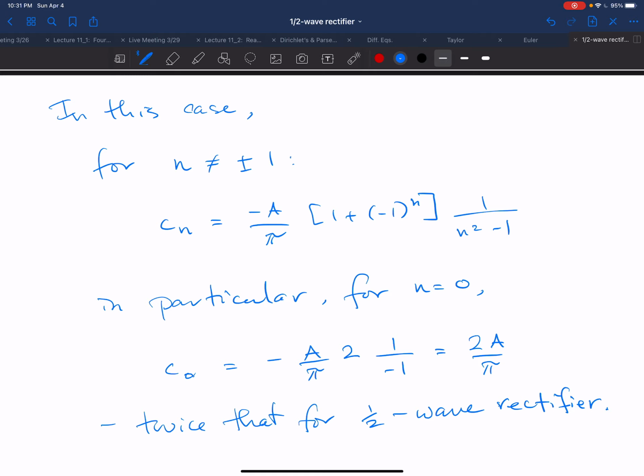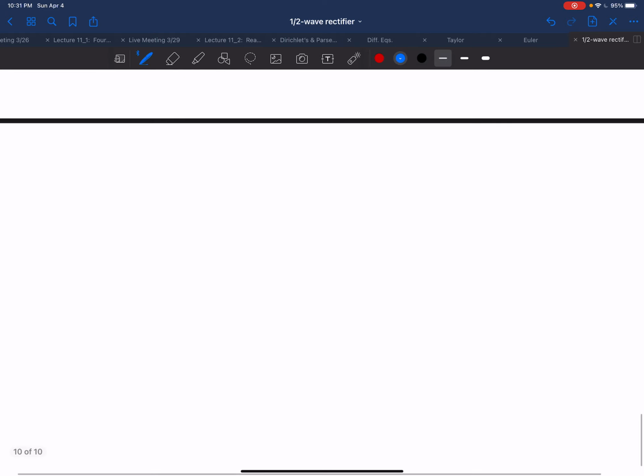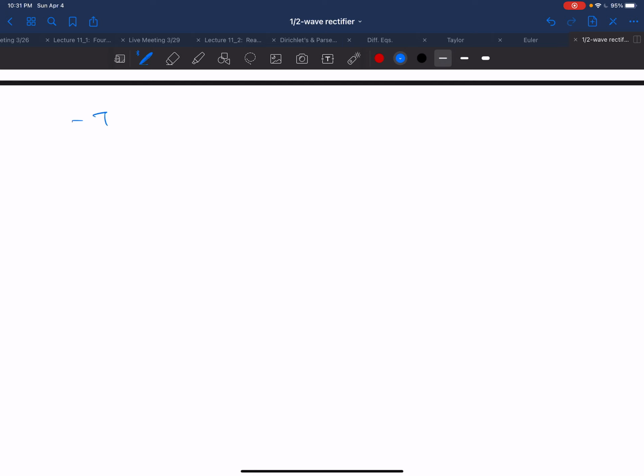Now, what if n is equal to 1 or minus 1? Well, if you go through the calculation, as is done in the notes, I won't repeat it here, you just find that C1 equals 0. And similarly, C minus 1 equals 0.